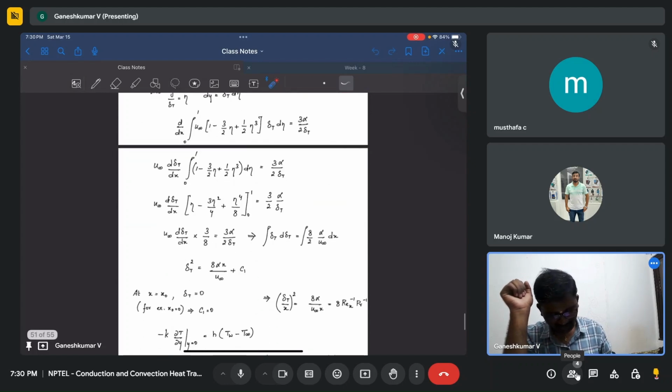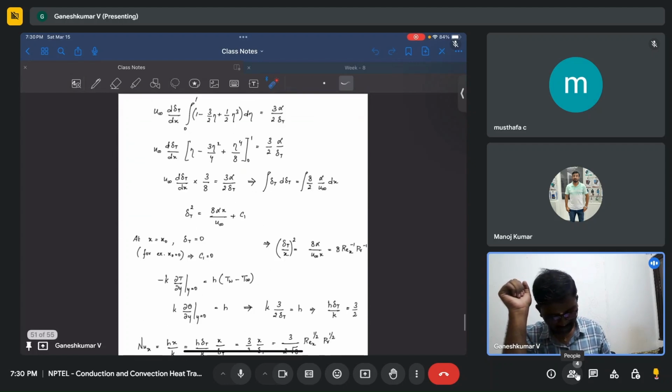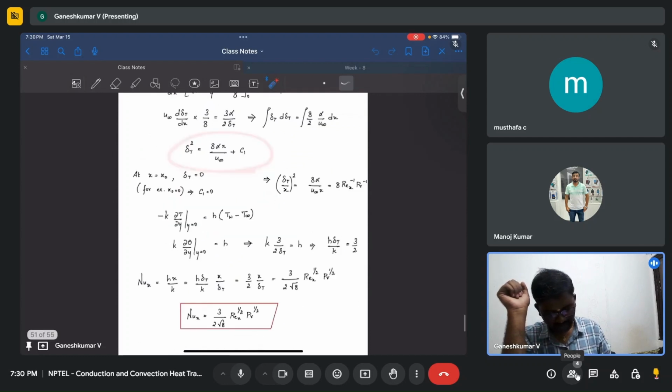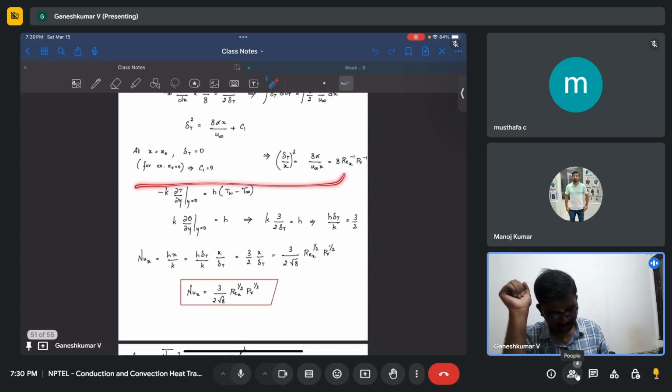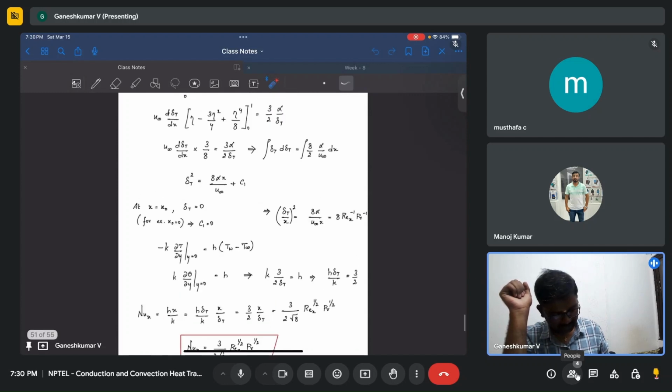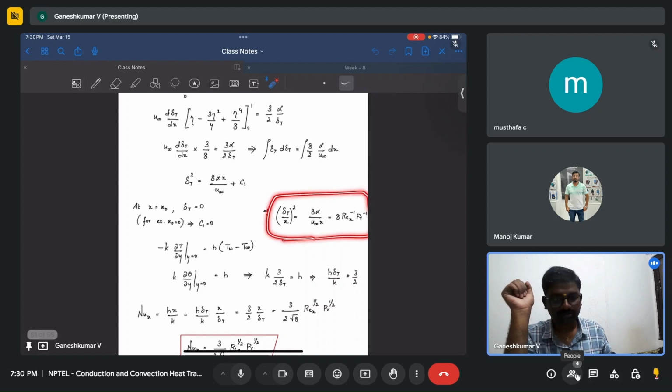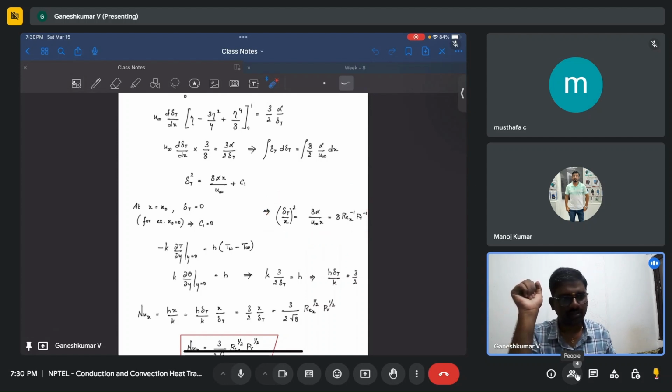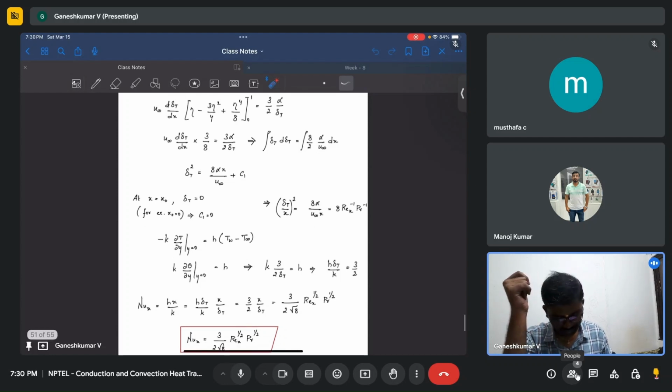So you substitute here and you end up having delta T, and then you apply boundary conditions and you end up having delta T by x square is nothing but 8 times Reynolds number per Prandtl number. So basically you can see that delta T by x is nothing but Reynolds number power minus half, Prandtl number power minus half. This is for Prandtl number very much less than 1. Okay.